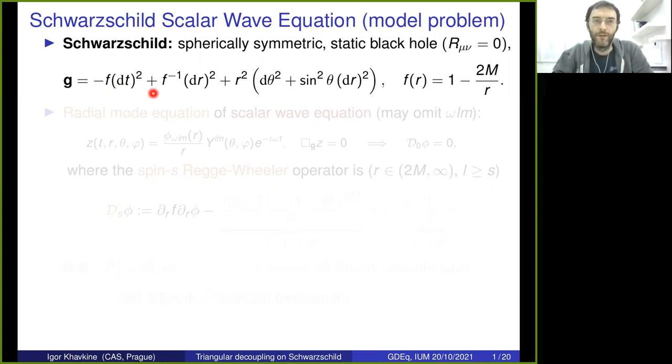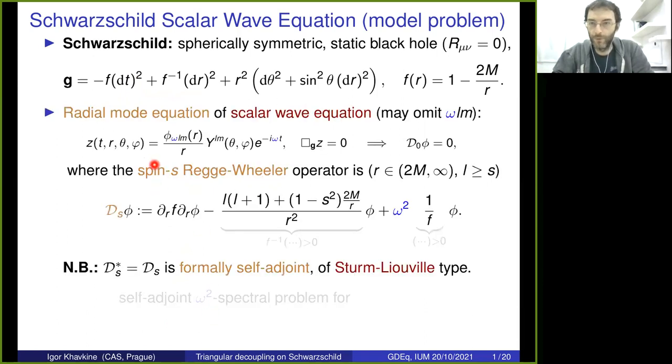All right. So what do we want to do on this geometry? Well, we want to solve, using separation of variables, the wave equation. I'm not going to write the wave equation here. I think it's pretty clear how to get it from this metric.